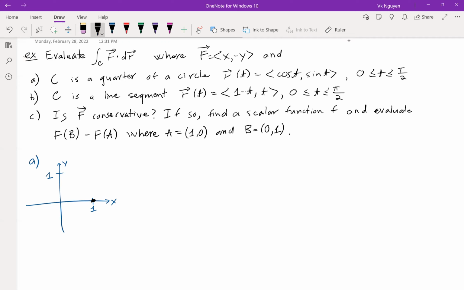Go from here to here. At t equal to 0, you get (1, 0), and then the other one is going to be (0, 1). Here comes the arrow, C.